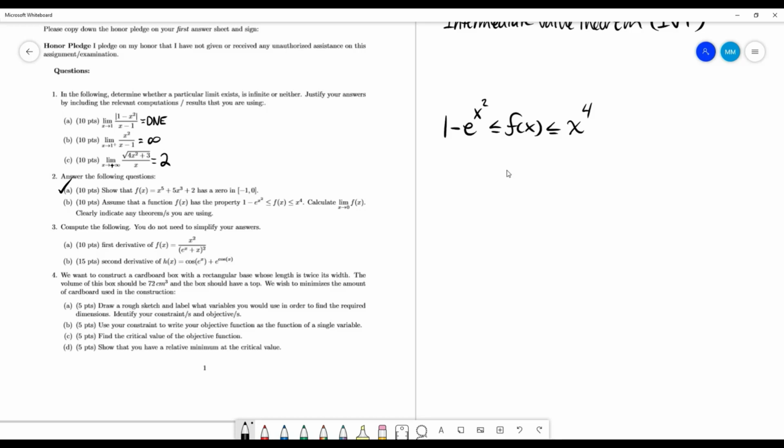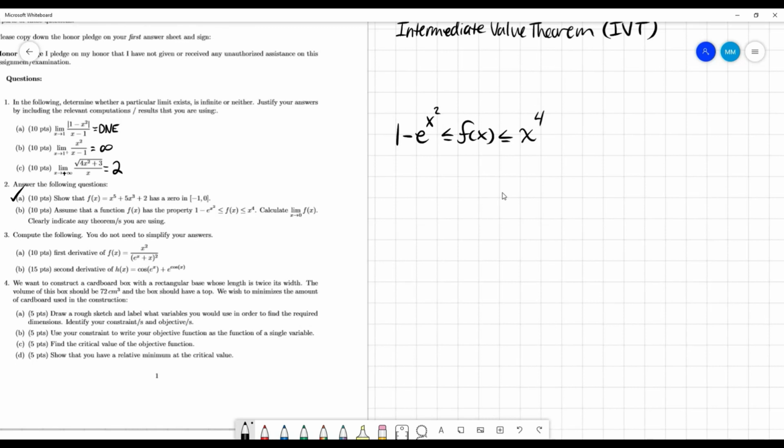That might look intimidating at first, but if we take a look at how this is presented to us and we want to calculate the limit, the one thing that I know of that has this less than or equal to, greater than or equal to, that puts it between two things, sandwiches it between, that has to do with limits, is our squeeze theorem, or the sandwich theorem, however you know it.